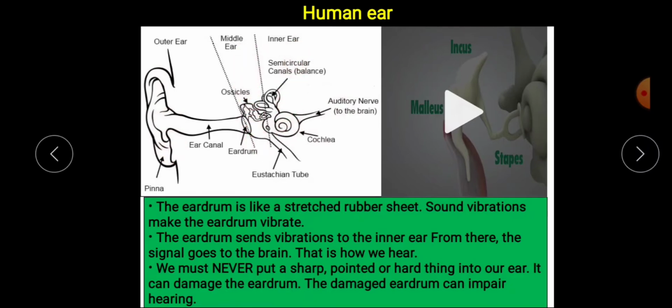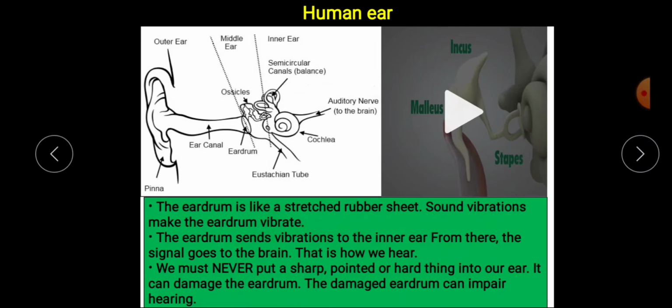Now you have to understand the eardrum is like a stretched rubber band. If you don't have a rubber sheet, you can take a balloon, and if you stretch it, doesn't it become very thin? And when you hit that membrane slowly, you will hear some sound.